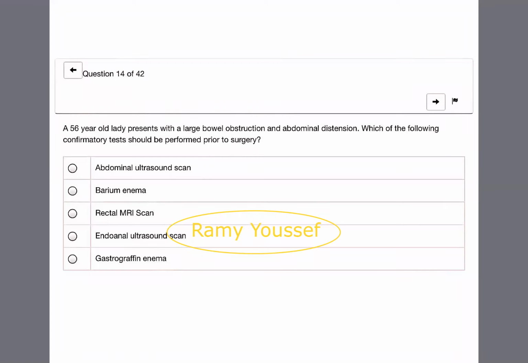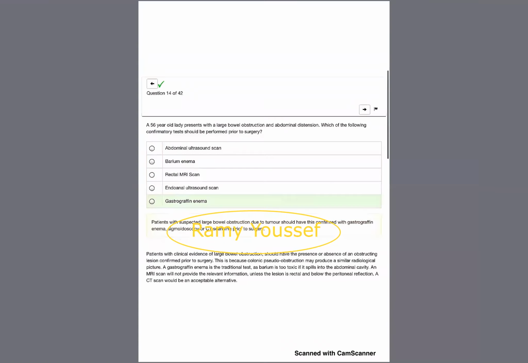And CT we always do with contrast, and we can't do it here with contrast because of obstruction. The best is gastrography enema, and if there is even perforation or something like this, there will not make any problem. It will be safe, exactly, because it is a water-based contrast, not like barium. Water-soluble gastrography.